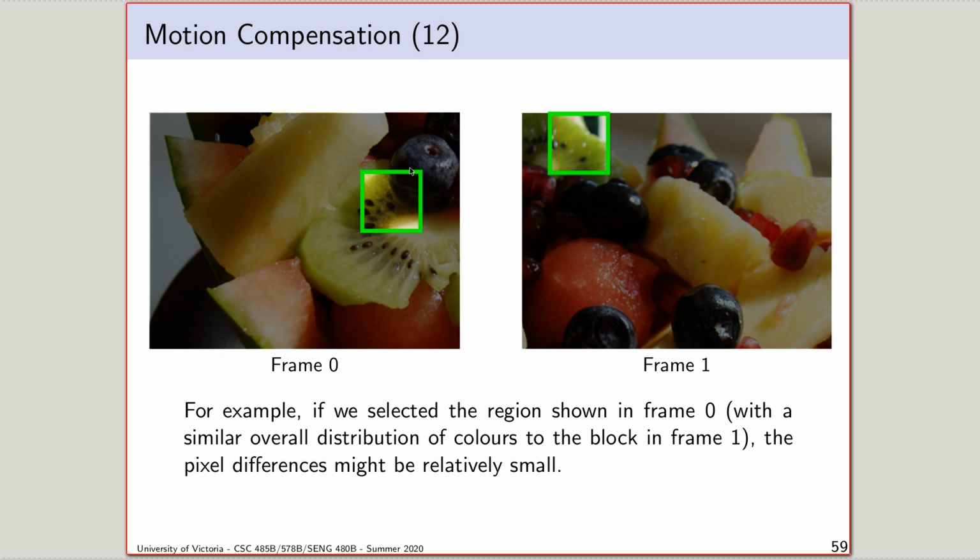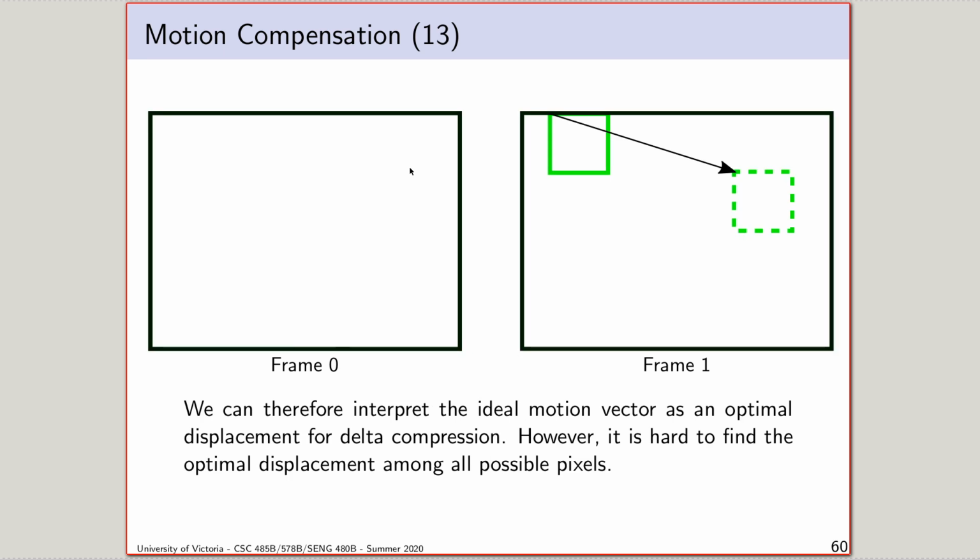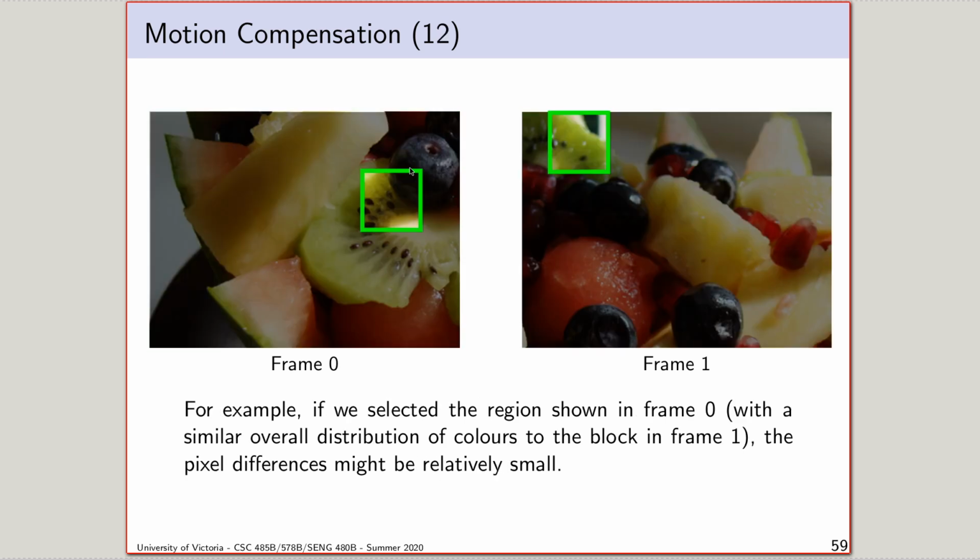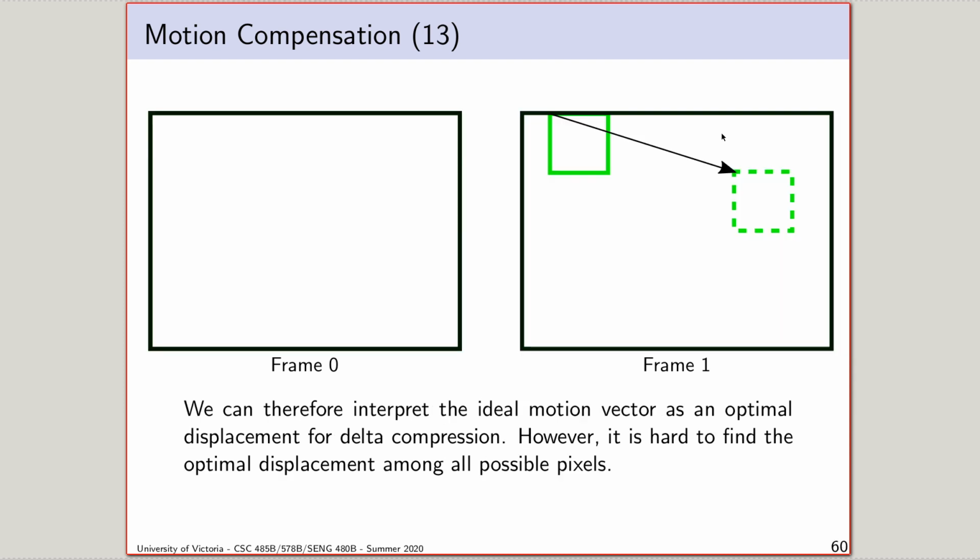If I have to choose a match, maybe it's that one. It's got the greenish thing in three quarters of it and sort of a darkish area up in the other corner. So if I chose this, even though it's a coincidence, I might get relatively small delta values. And that's the point of a motion vector. That's it. It doesn't actually have to model real motion. The motion vector, just to be clear here, the block I'm looking at is in this area, so the motion vector is this, as the diagram shows.